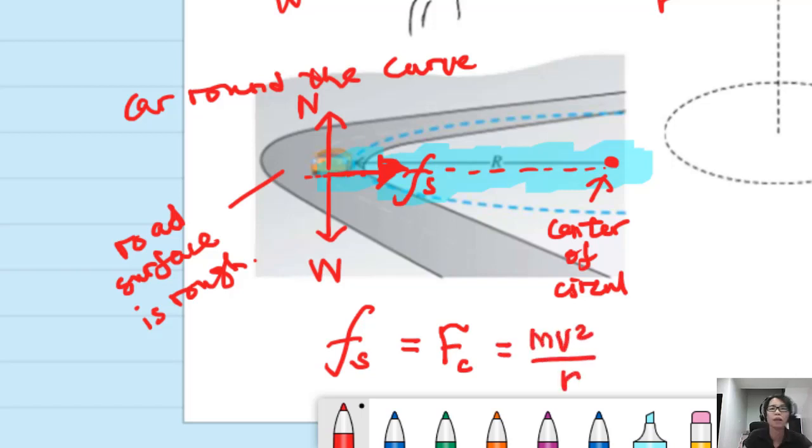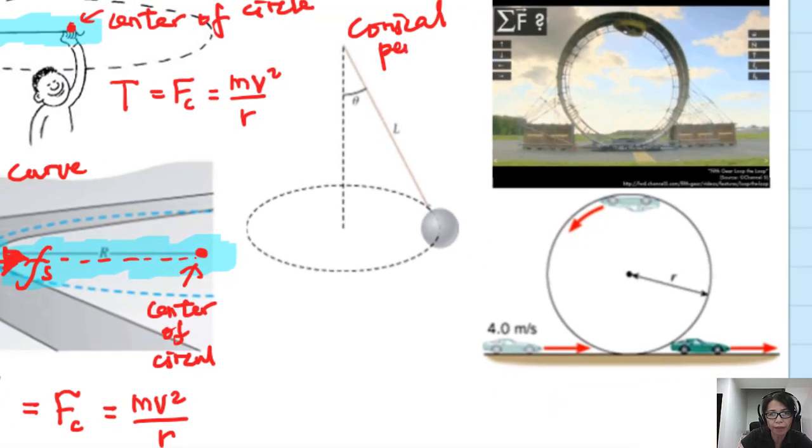Okay, so we might also have a conical pendulum. For example, we attach a ball to a string, and then we drag it at a certain angle, and the ball is performing horizontal circular motion.